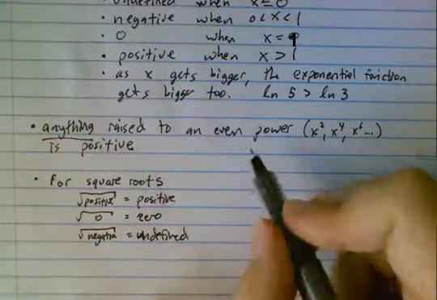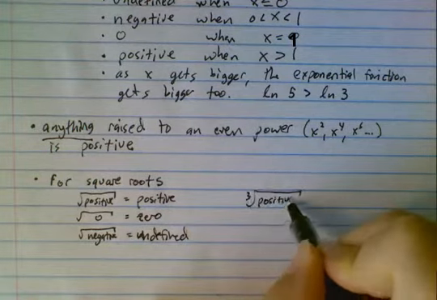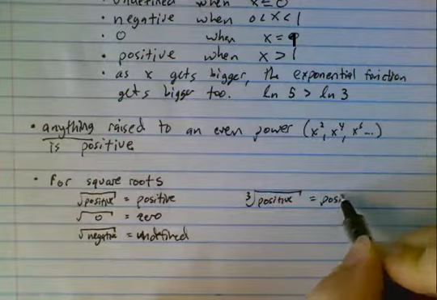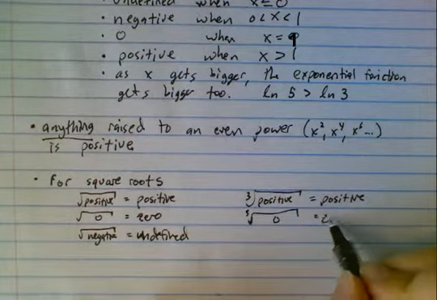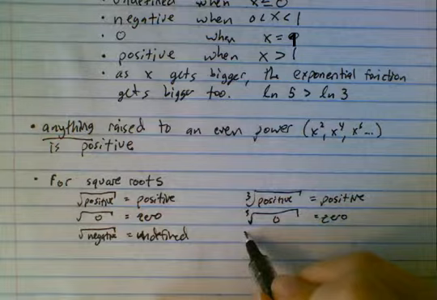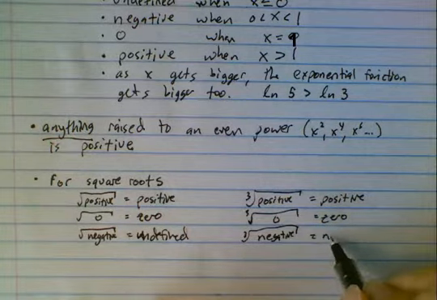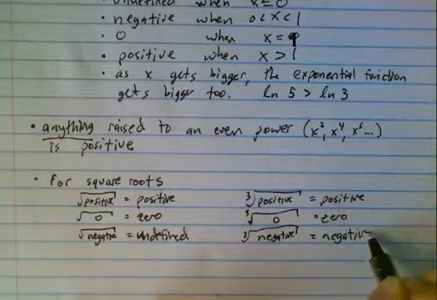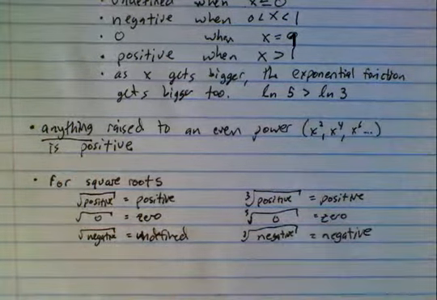However, for cubed roots, cubed root of a positive is positive. Cubed root of 0 is 0. Cubed root of a negative, still negative. This holds true for all odd roots. The square root rule holds true for all even roots.